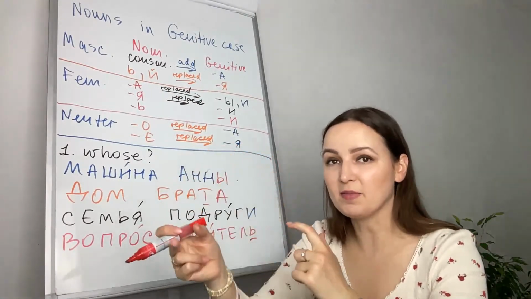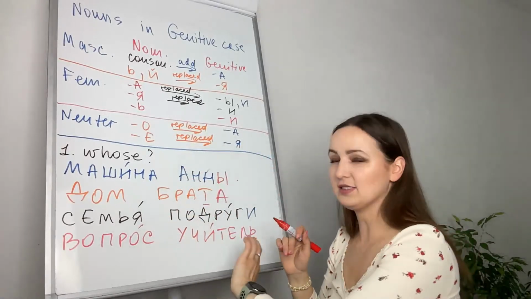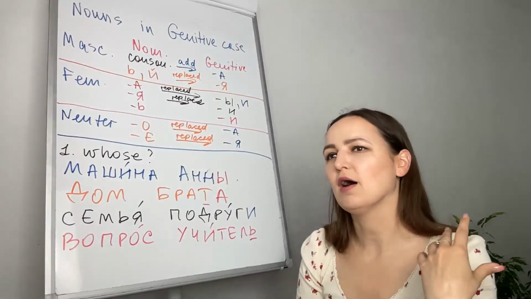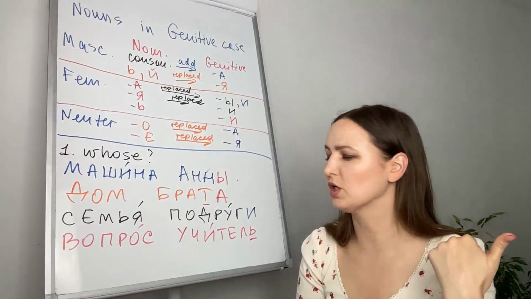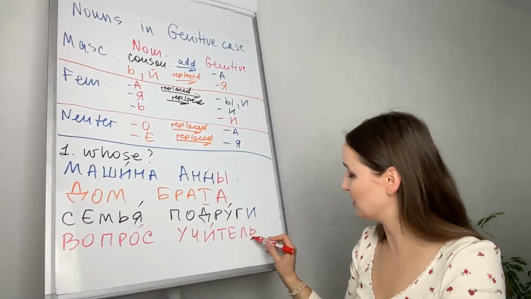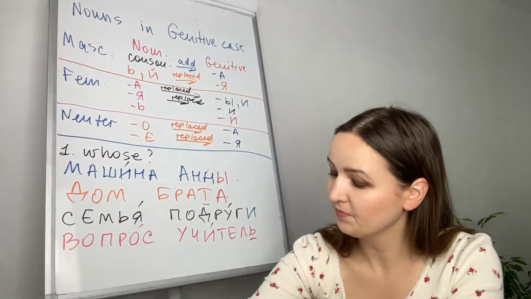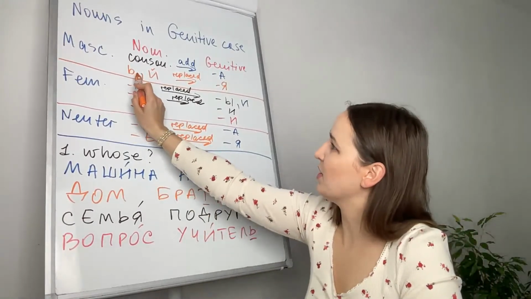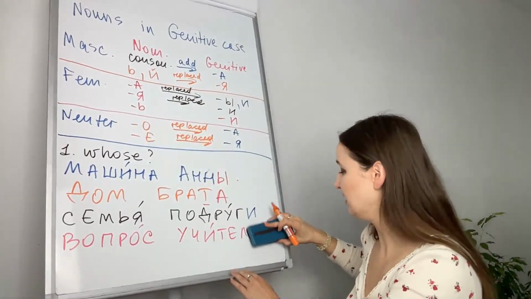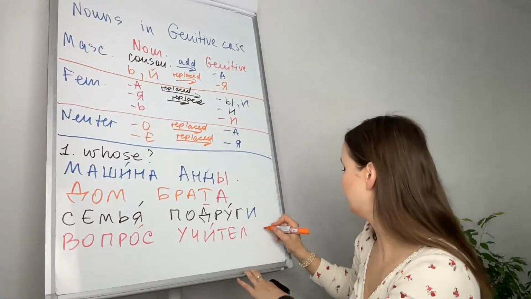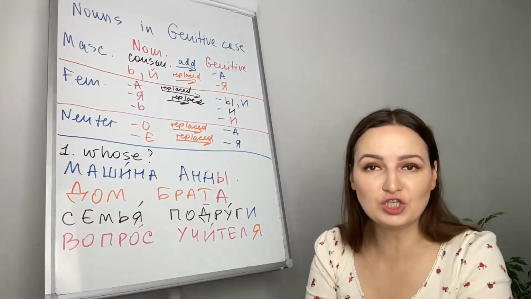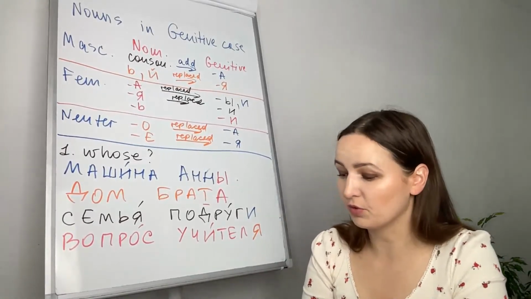Sometimes they have a feminine form, like учительница, but the first option, like учитель, engineer, повар, cook, and so on, is masculine. So memorize that учитель, teacher, is masculine. So masculine, and then мягкий знак, so we will erase мягкий знак and add я there. Учителя. Вопрос учителя. Teacher's question.